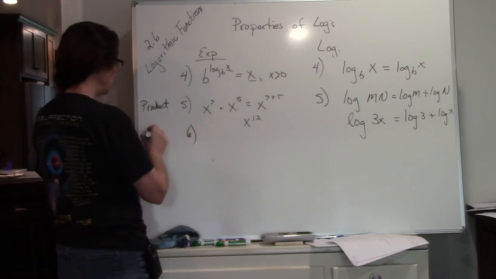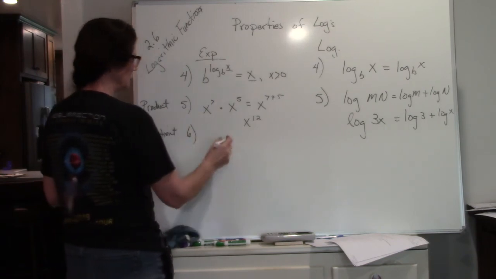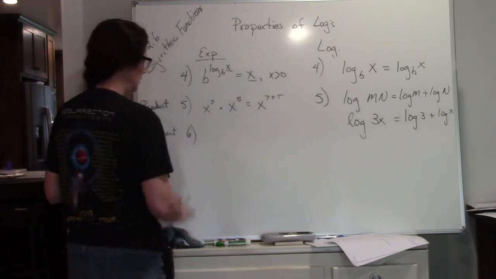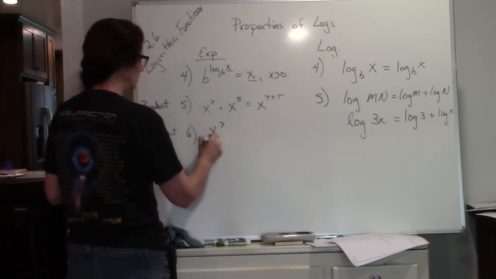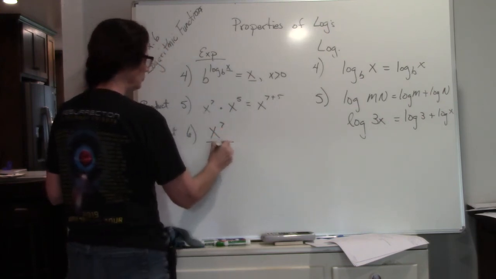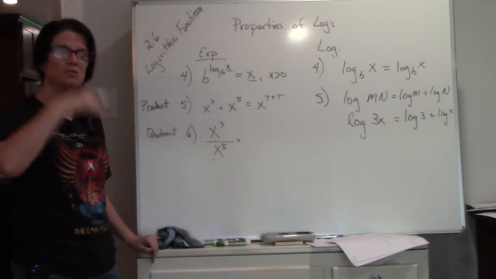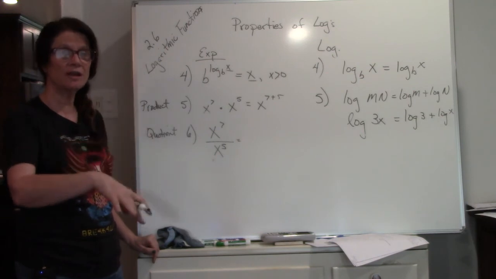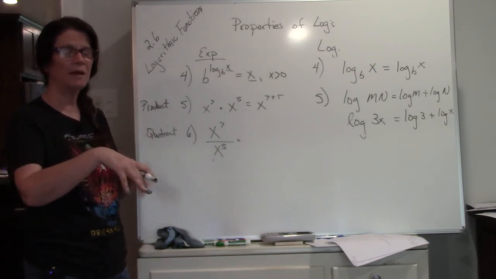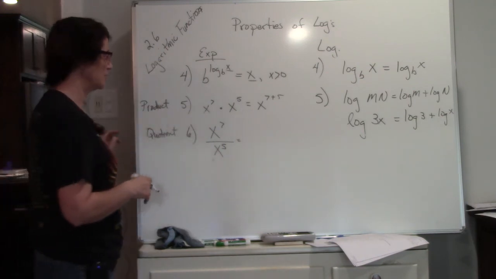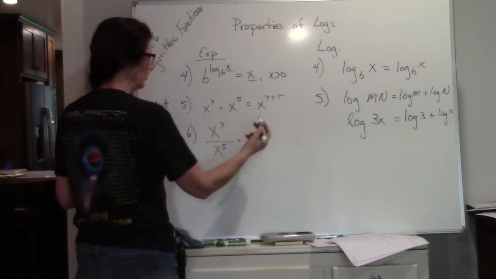The next one is the quotient rule. Okay, so the quotient rule says if I have two exponents and I'm dividing them, you subtract the exponents. Again, there's another video earlier in the semester that you can go back to if you want to go over these rules.